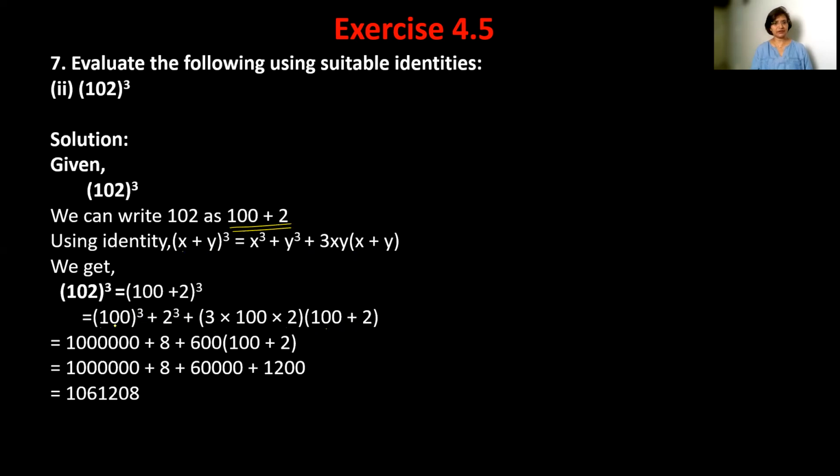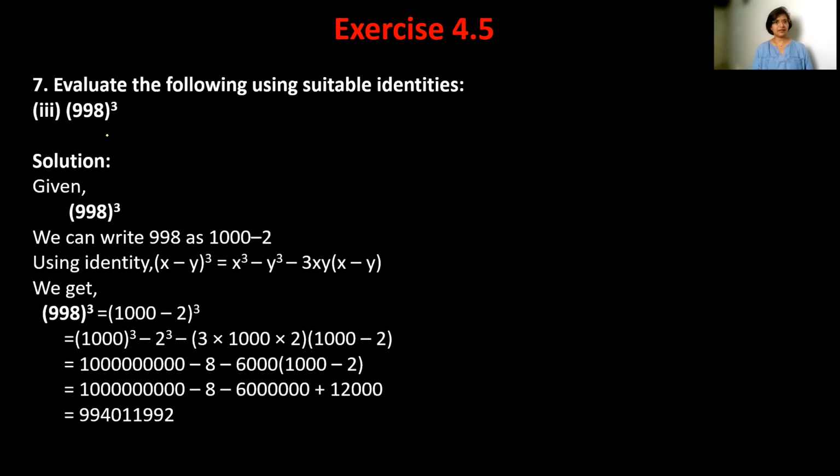Here we have put the values of x and y, where this is x and this is y, in the right hand side of this identity. After expanding and calculating, we will get the answer 10,61,208.